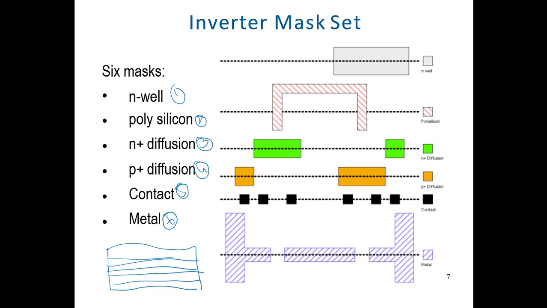You see here the first one is the mask of N-well, then we have the mask of polysilicon, then we have N plus diffusion. These masks are used to expose selective areas of the wafer.